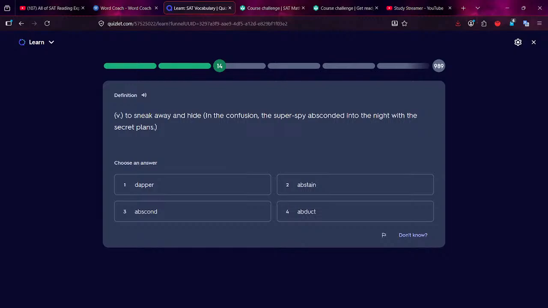Abstain is to not do something. Abduct means taking someone. So it's going to be abscond, probably abscond. Okay, freedom from blame, guilt, sin.